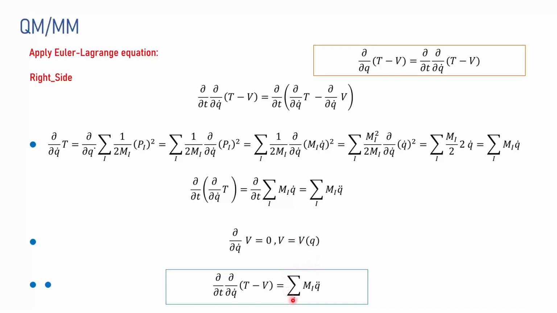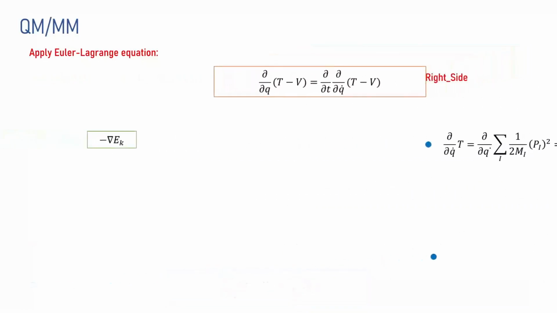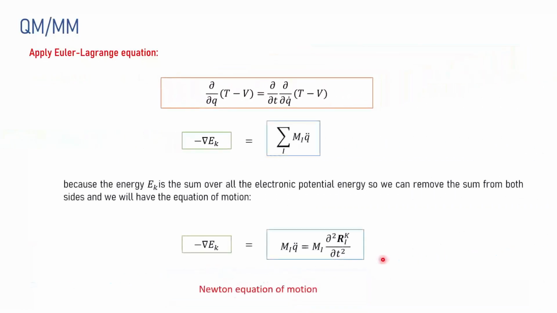So the right hand side will be at the end the sum of mi q double dot. And then if we put the left hand side and the right hand side together, we will have minus nabla Ek equal to the sigma over i of mi q double dot.